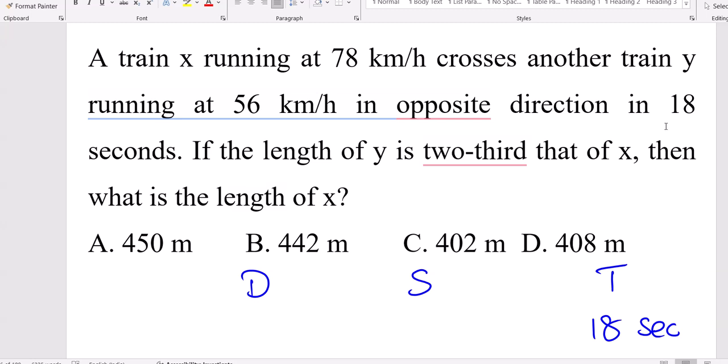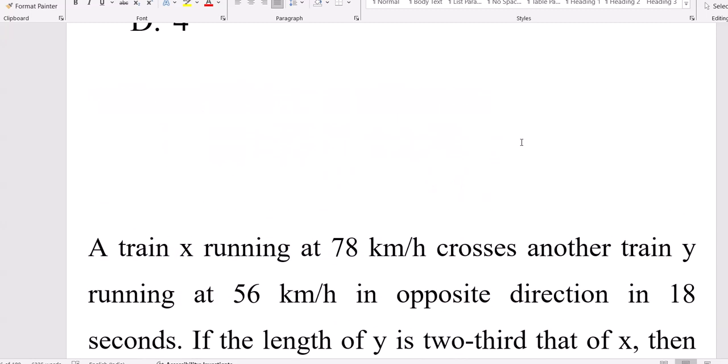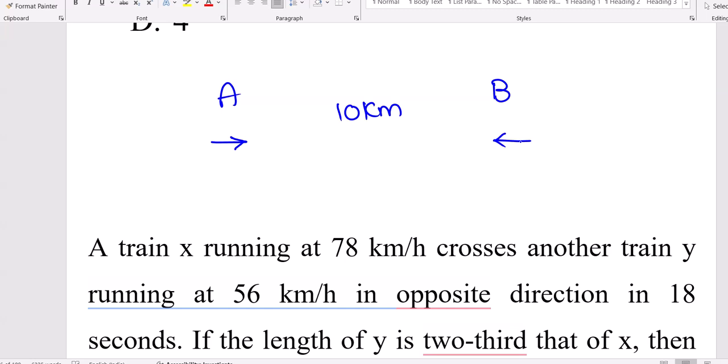Simple, I'll give an example. In lifelong, whenever you get a doubt, go with this example. Suppose there are A and B, two people. 10 kilometers is the distance between those two people. Keep this example in mind. Now A and B are traveling towards each other, to meet. This is situation one.